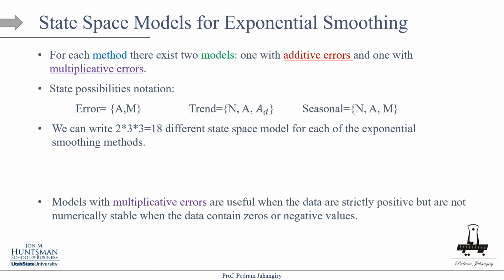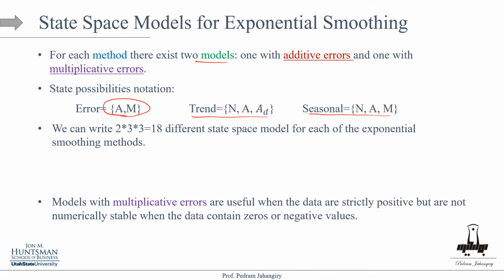So for each method, there exist 2 models, one with additive errors and one with multiplicative errors. So here are different combinations for ETS models that we can have. Again, the trend and seasonal component is not new. We have already seen 9 different combinations. Trend can be non-additive, additive, damped; seasonality can be non-additive and multiplicative. This is a new part, right?